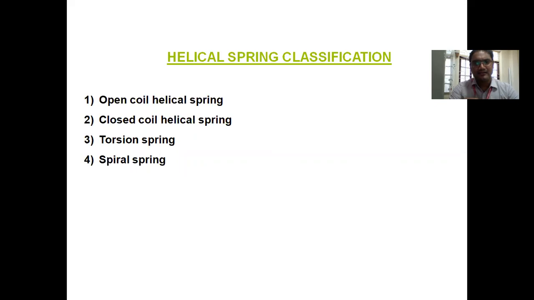Helical springs are classified into the open coil helical spring, closed coil helical spring, torsional spring and spiral spring. Let me explain in detail on the whiteboard, covering what springs are, how they are classified, and under which loadings they come. Let me stop sharing the screen.